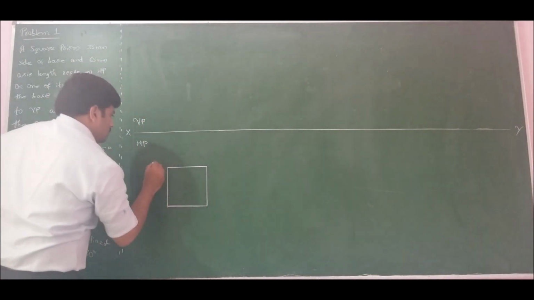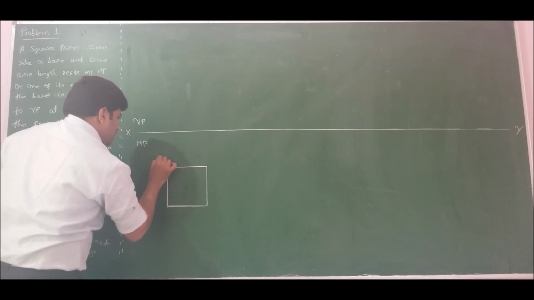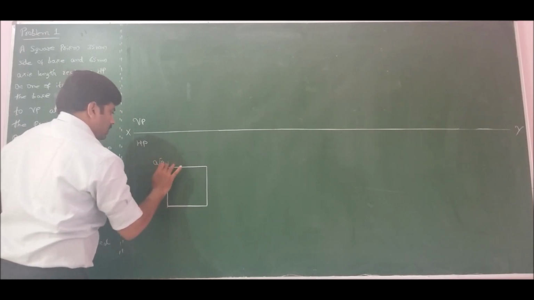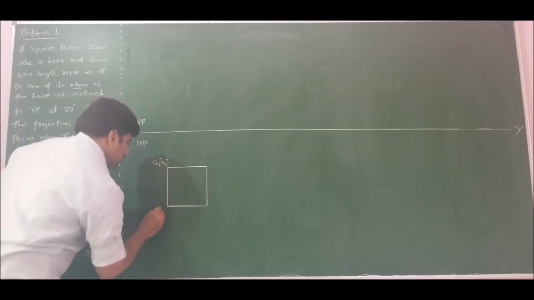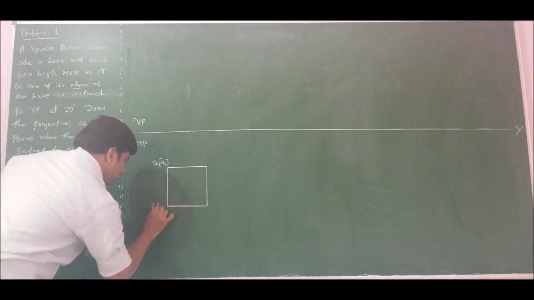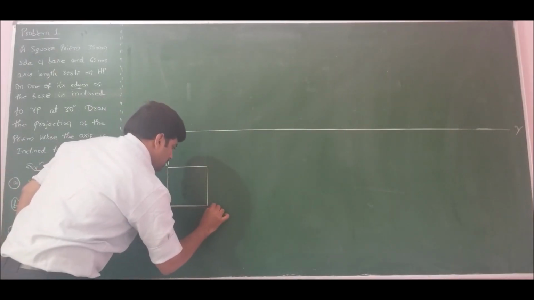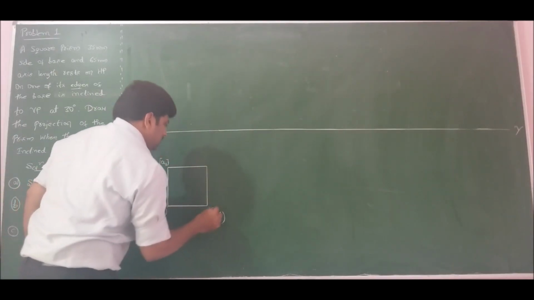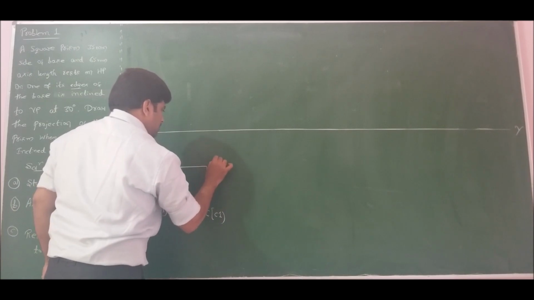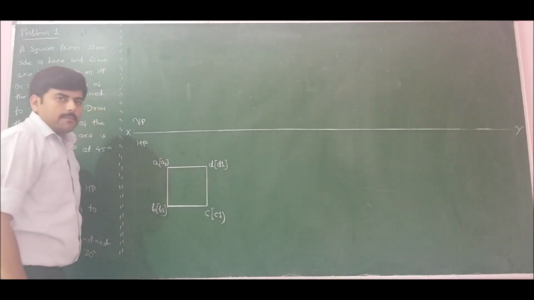Therefore, top face A is visible, in the bottom face A1 is invisible. Similarly, B is visible, B1 is invisible. C is visible, C1 is invisible. D is visible and D1 is invisible.